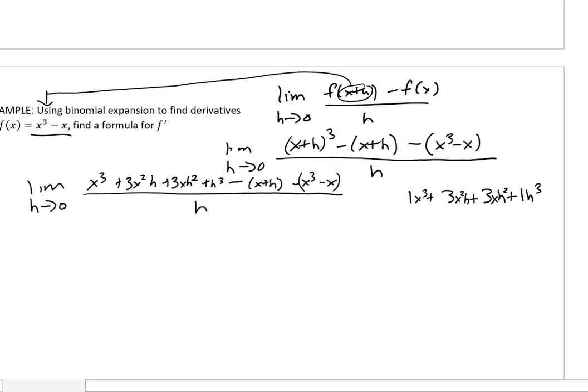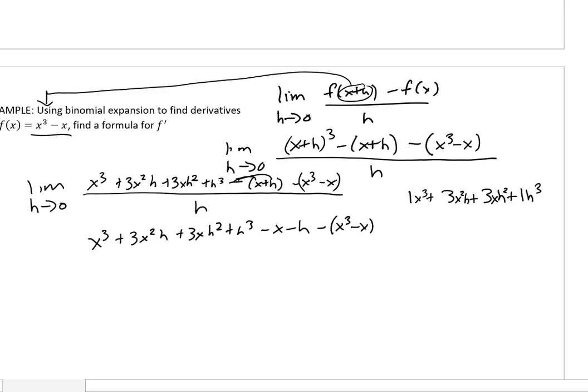Now we're going to distribute this negative. So I would get x cubed plus 3x squared h plus 3xh squared plus h cubed minus x minus h minus, and just leave this the way it is here, all over h.